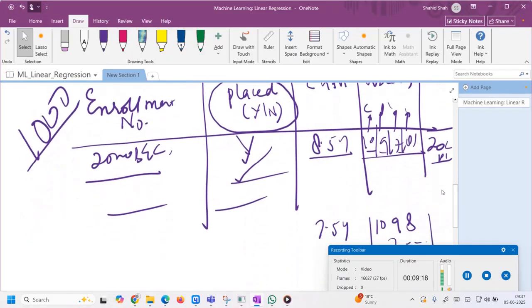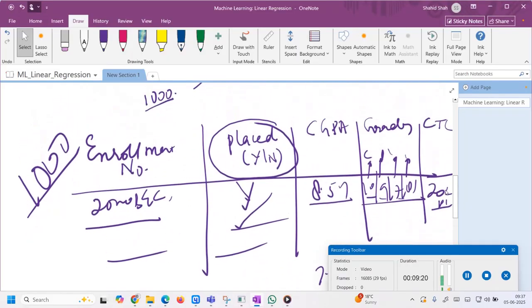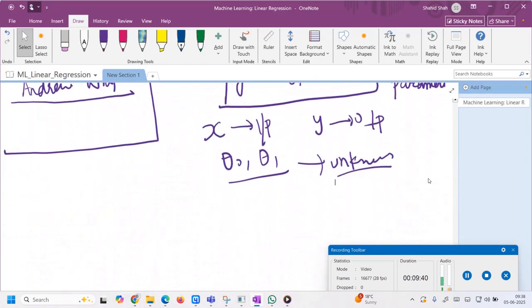So we will have something called a data set like this. Suppose data set of NIT Srinagar is this, that you have a detail of every student, what is the CGPA, grades of a student, and what is the placement status of previous students. Okay, they are placed or not. If placed, what is their salary or average CTC.